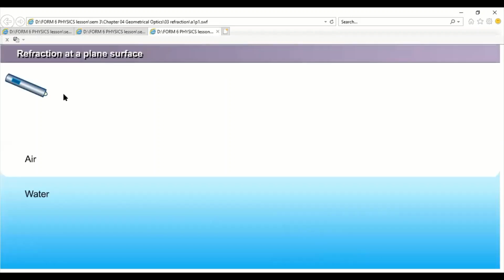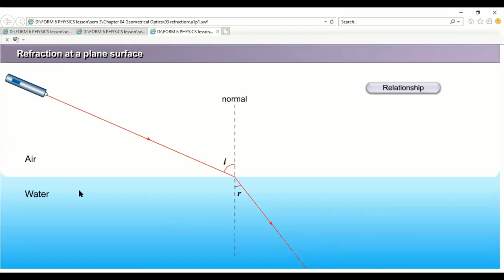For the phenomenon of refraction, where refraction occurs at a plane surface, if there is a surface between air and water, the optical density of water is higher than the air. The angle of refraction in the water will be smaller than the angle of incidence in air.